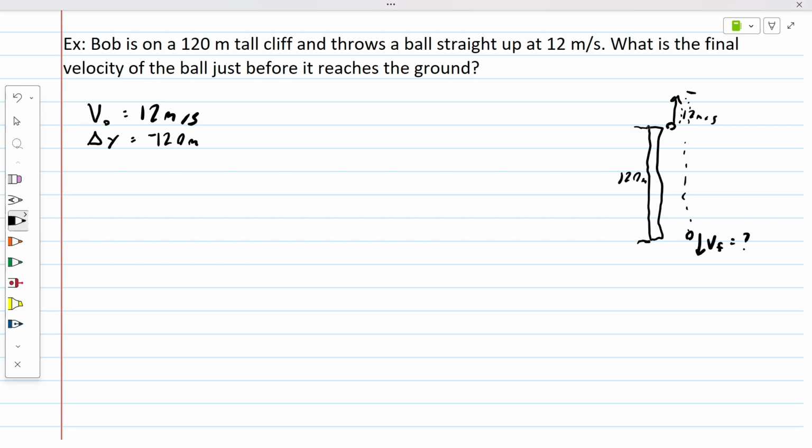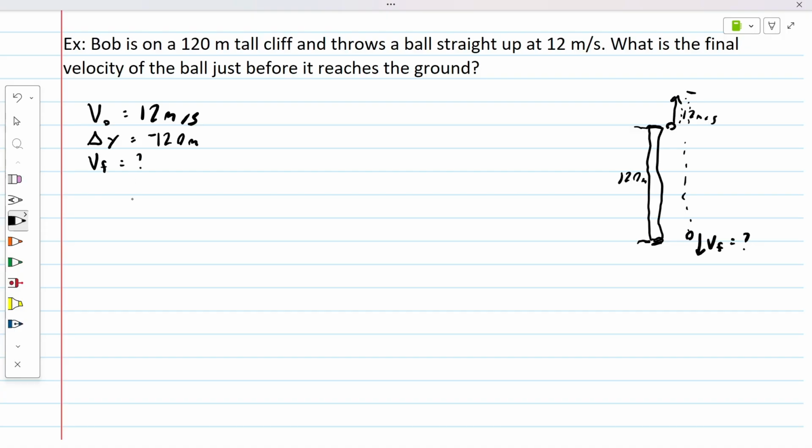We only care about this initial position and final position of the ball. It's going to be thrown up higher than 120 before it falls, but we only care about the initial and final. Okay. So yeah, and we want to find the velocity final. That's what we're looking for.